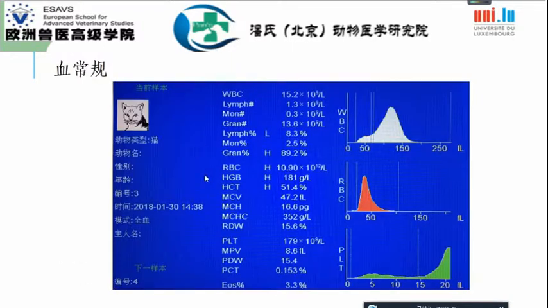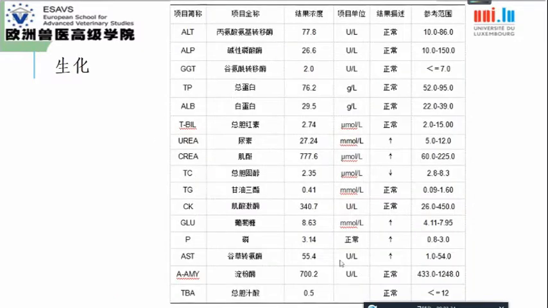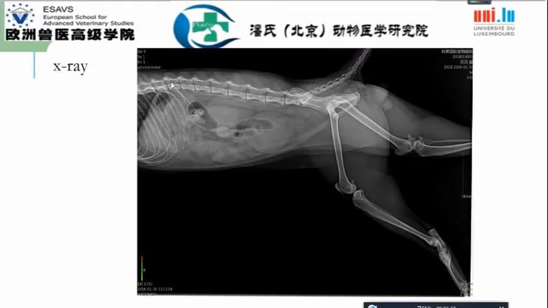So this is the complete blood cell count, and this is the chemistry. From the X-ray, we can see here is the urinary bladder. The urinary bladder is quite big, and this is the kidney.